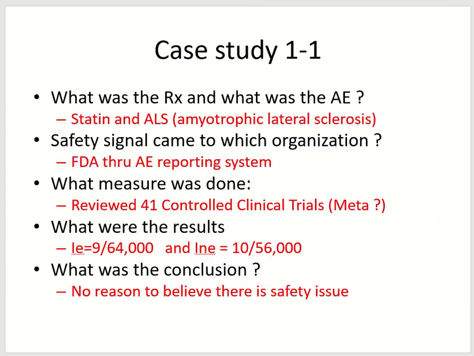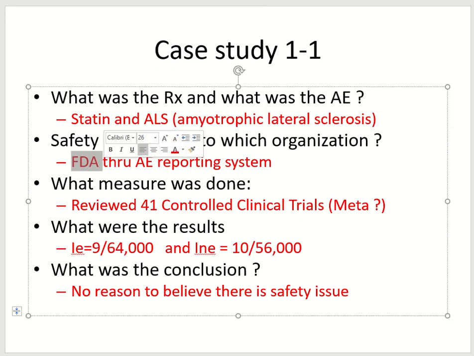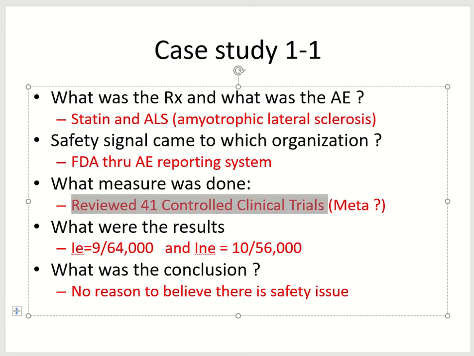And that takes us to case study number 1. In case study number 1, the author addresses the safety signal that linked ALS to statins. So there was spontaneous reporting about ALS in patients taking statins. This safety signal was received by the FDA, and therefore the FDA issued a review of 41 controlled clinical trials. In these trials, there were 64,000 people on statins and 56,000 on something other than statins.